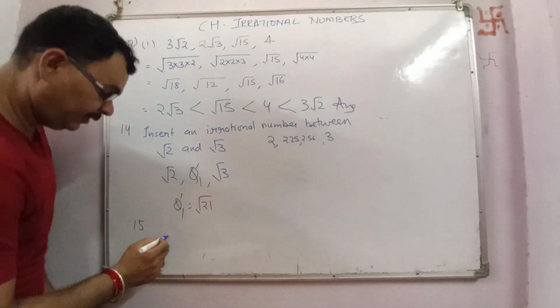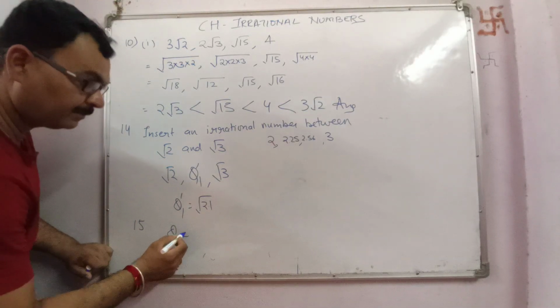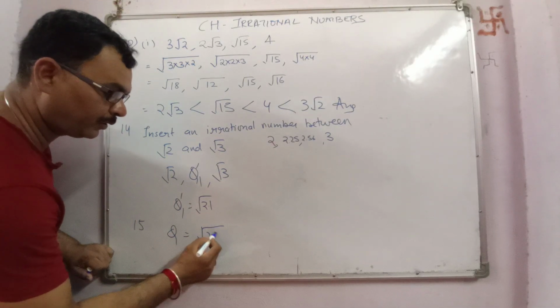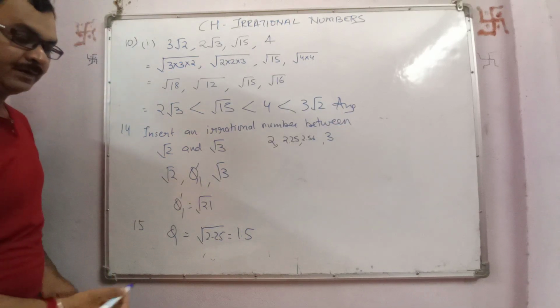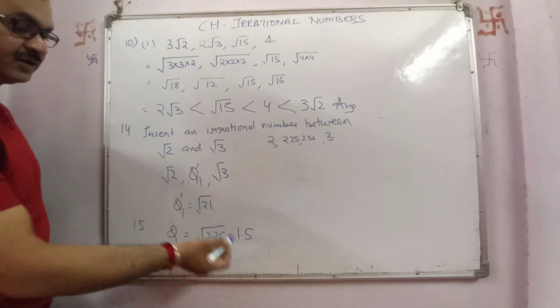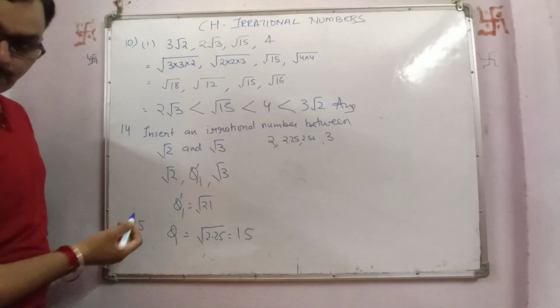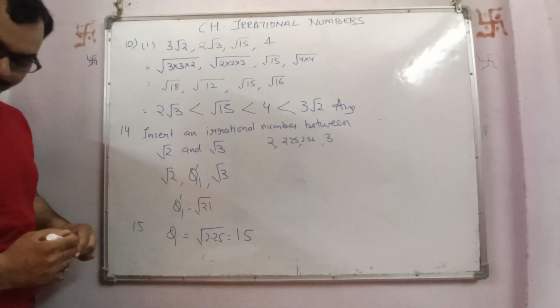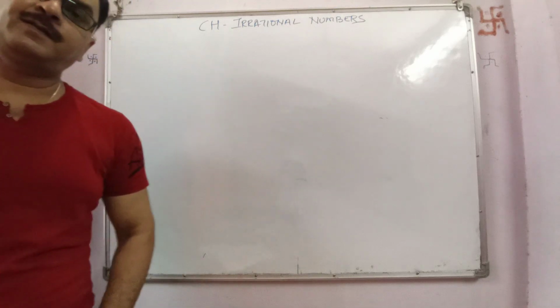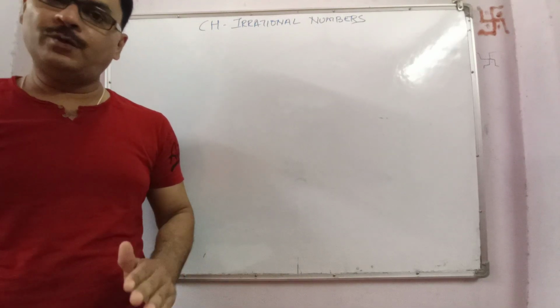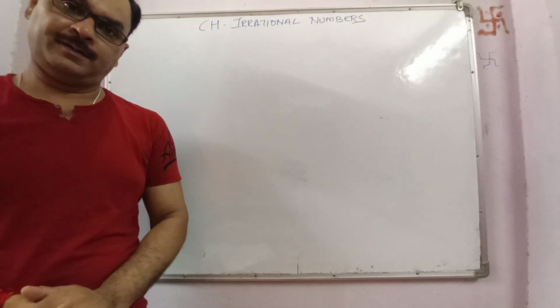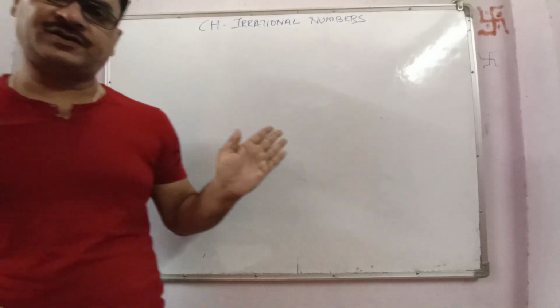So if you need to insert a rational number, so square root of 2.25, which is 1.5, is also a rational number between root 2 and root 3.